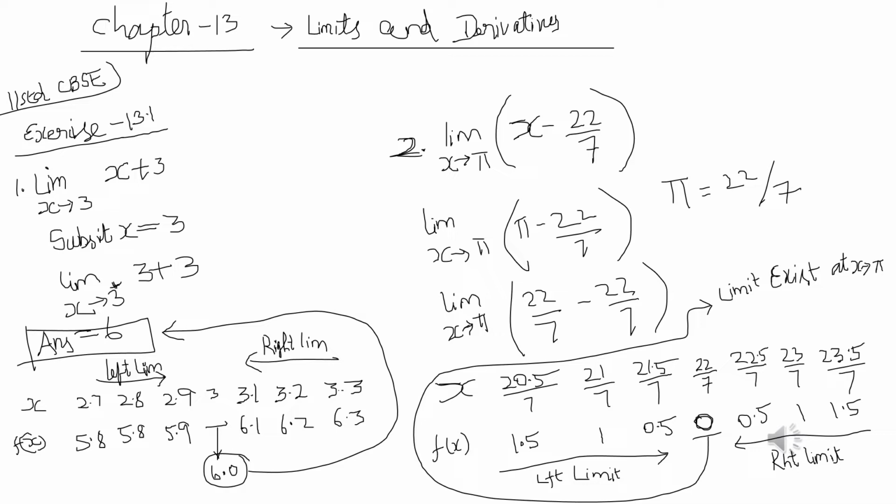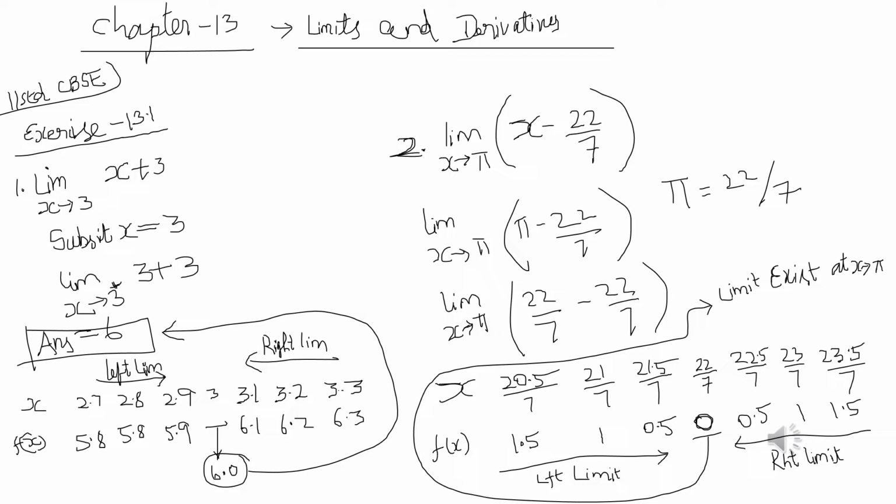If you see the horizontal chart given below, where I mentioned the x values which vary from 2.7 to 3, randomly I chose some values as the left limit, and on the right limit you can see the value changes from 3.1 to 3.3.